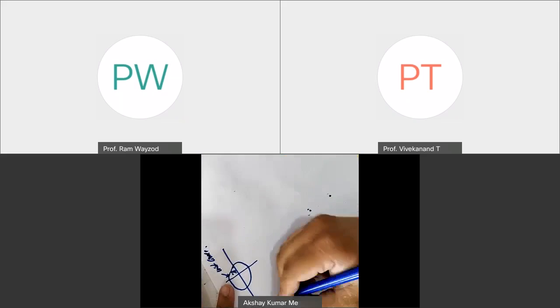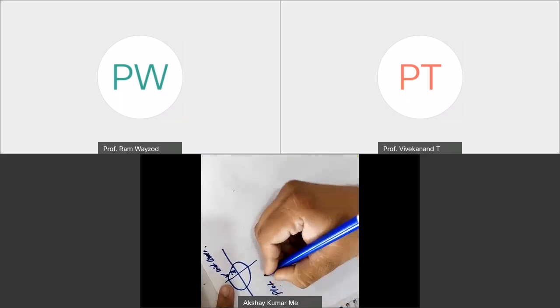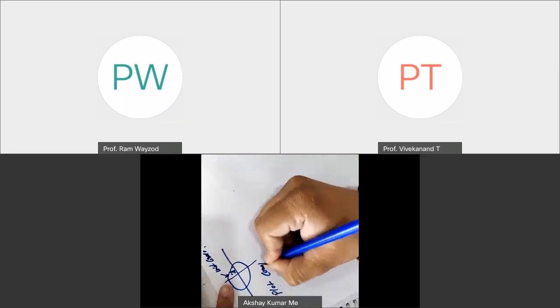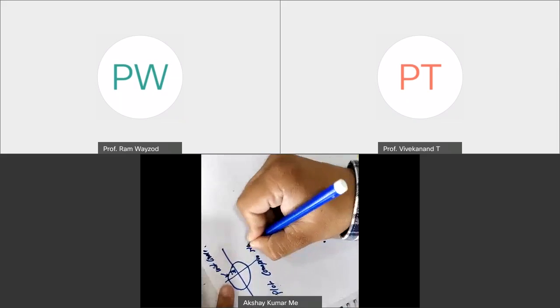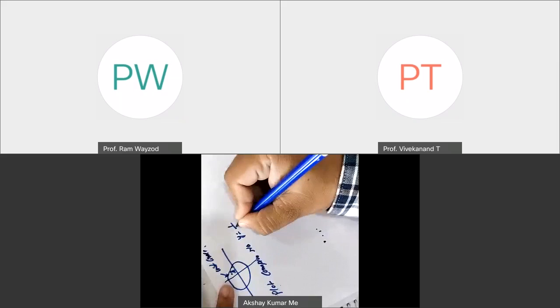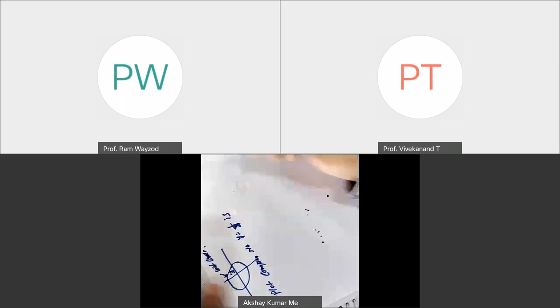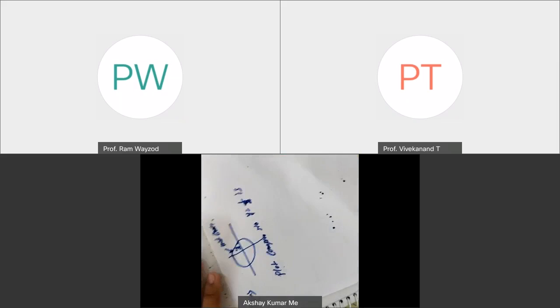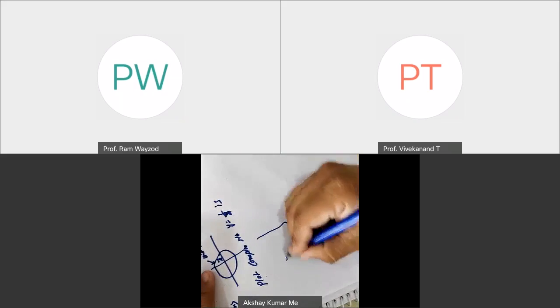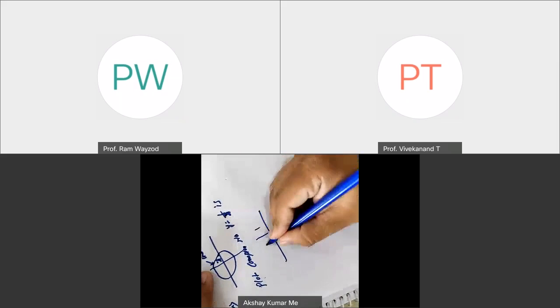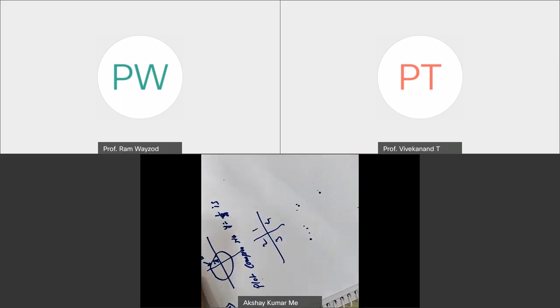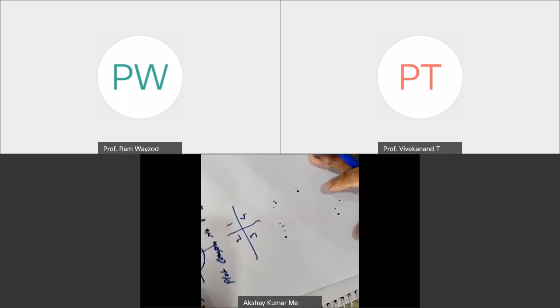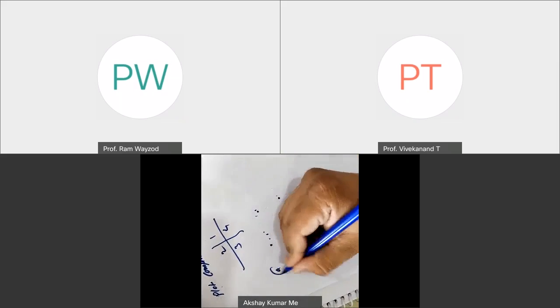Then we have to plot the complex number 1 upon z. So we know that there are 4 quadrants, and the circle is a unit circle with radius 1, and your option is A.